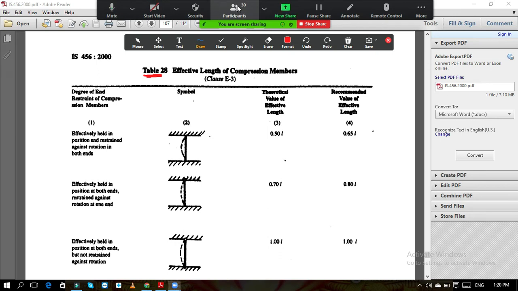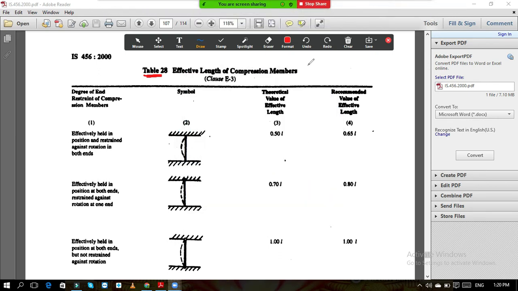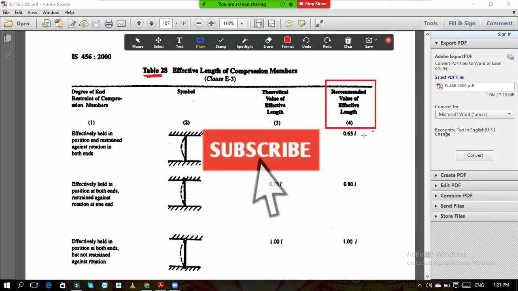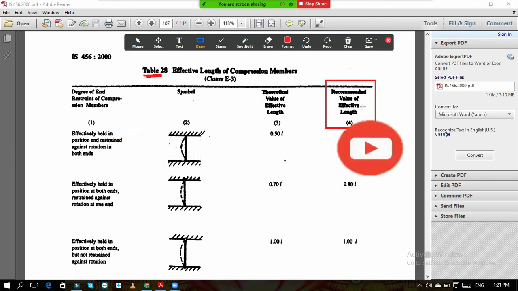From this table now we will get the value of L effective, and please keep in mind we are going to look at the recommended values of effective length. Always we are going to refer to column number 4, we are not interested in theoretical value.